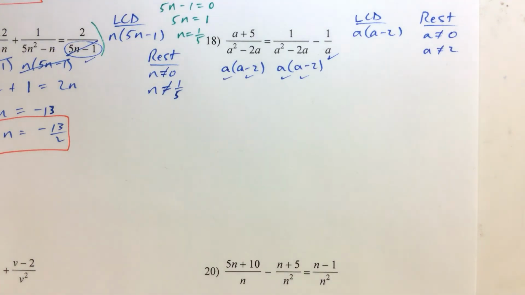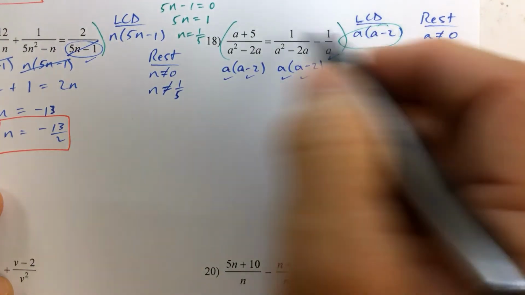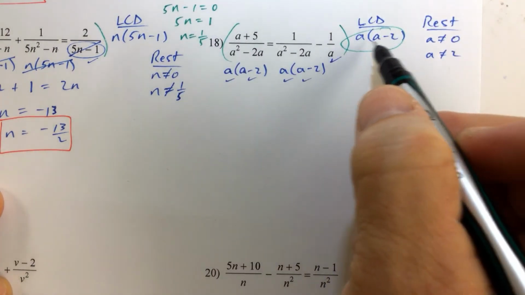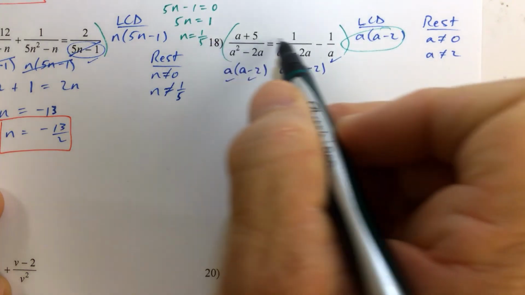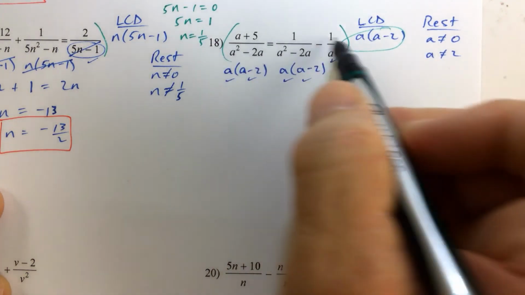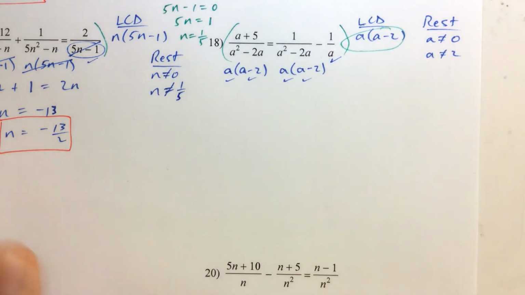But we've identified our lowest common denominator, so we're going to multiply every single one of these fractions, both sides of the equation, by a times a minus 2.